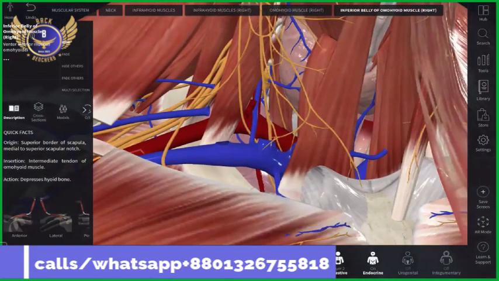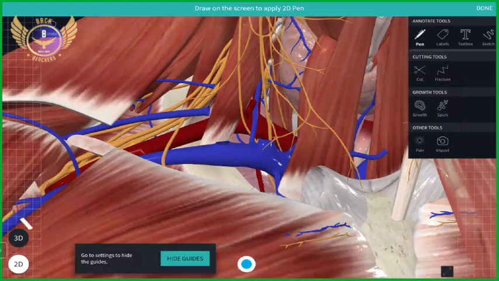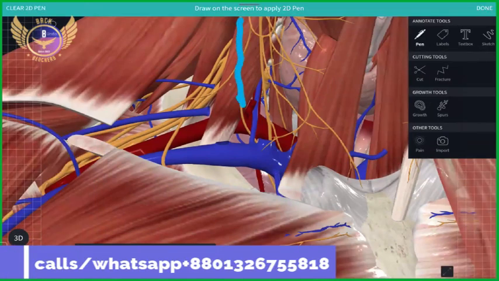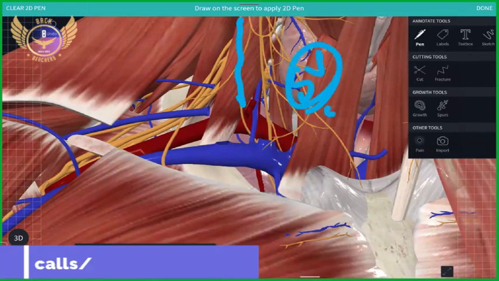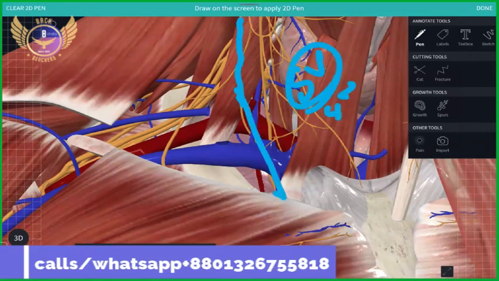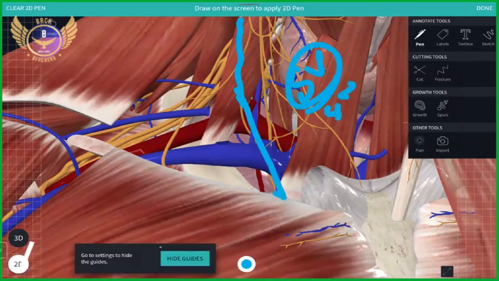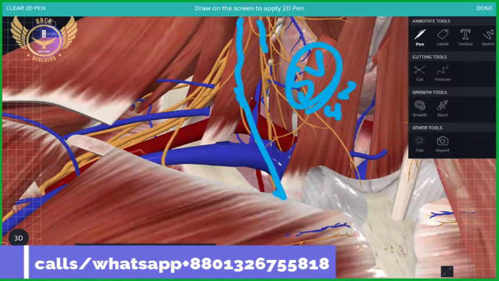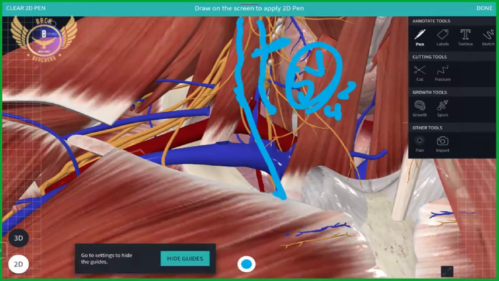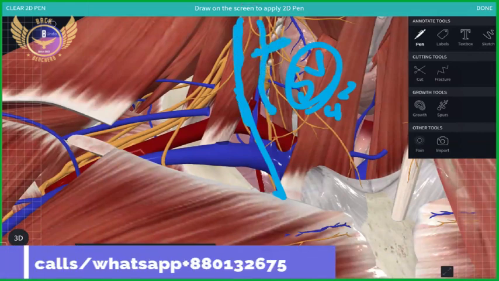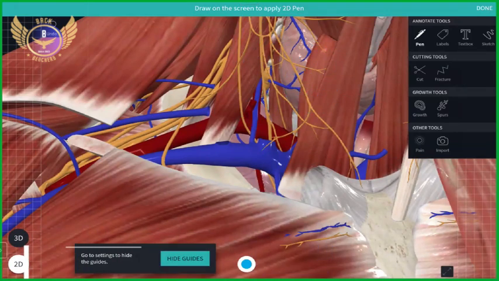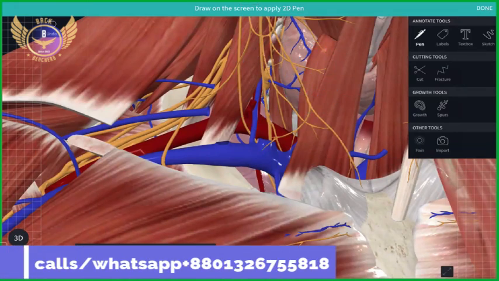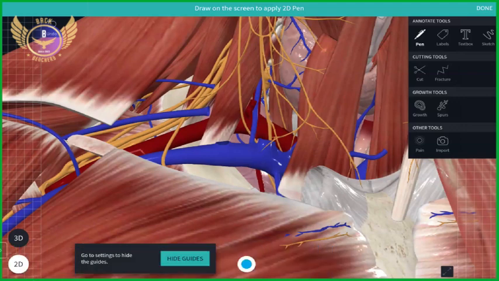They will ask what's the nerve that lies over scalenus anterior belly and in between the subclavian vein and subclavian artery. That is the phrenic nerve. Why not vagus? We have seen vagus here, but it's inside the sheath, not directly over the belly. And if phrenic nerve is not there, of course vagus can be the answer, because you have to choose the nearest one. Simple as that.